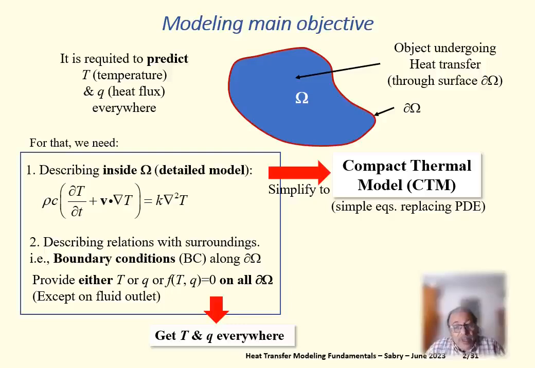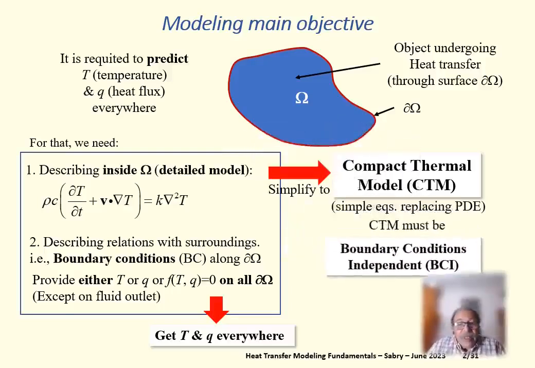But there is one important notion that I have to respect: these CTMs should be boundary condition independent, which means that the model should work well with any kind of boundary conditions, not only one kind.